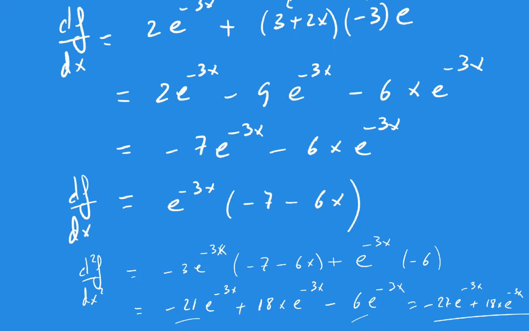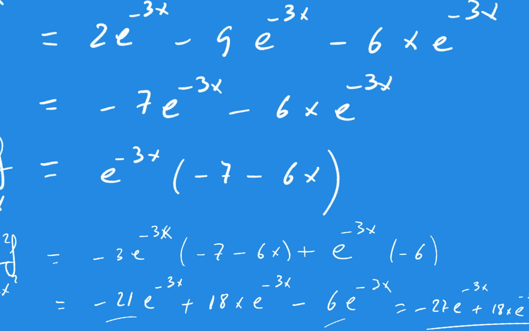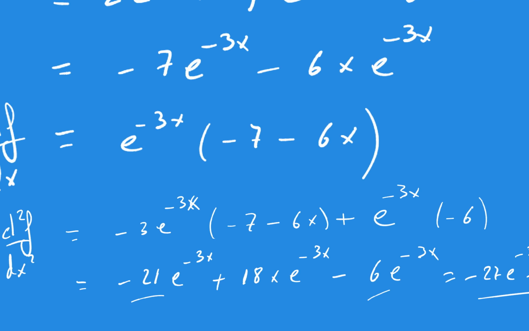But I think I made a mistake. And the mistake is here. Minus is plus. So this is plus 21 e to the minus 3x plus 18x e to the minus 3x minus 6 e to the minus 3x. So the result will not be the one that I said. 21 minus 6 is 15.